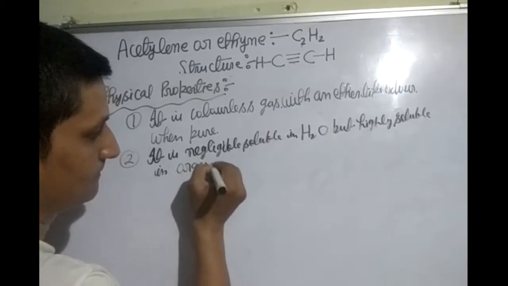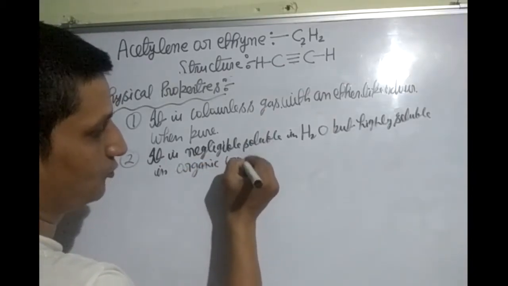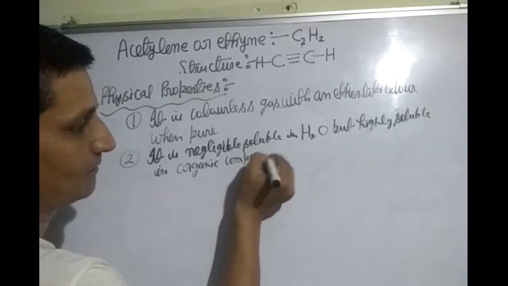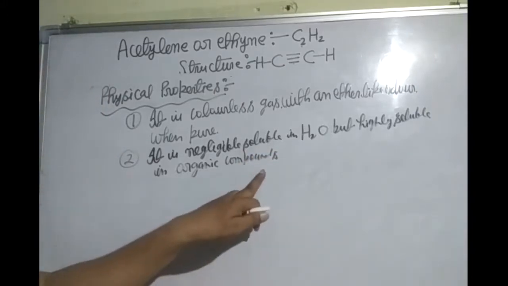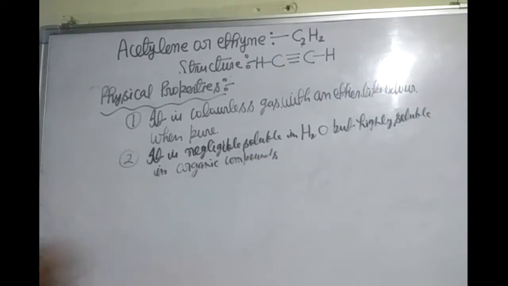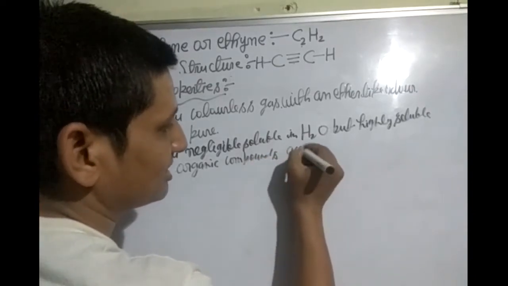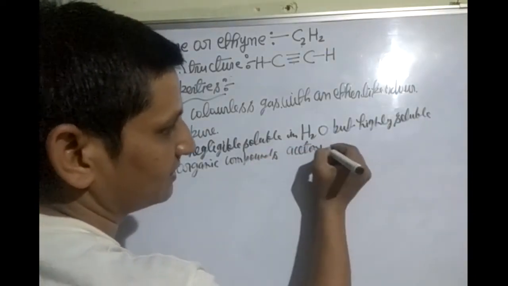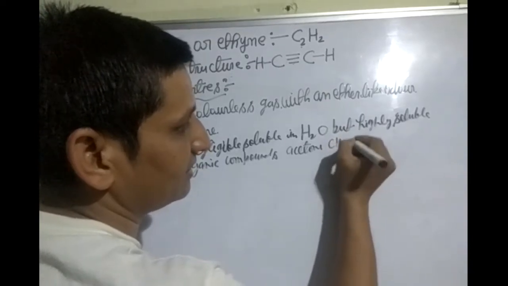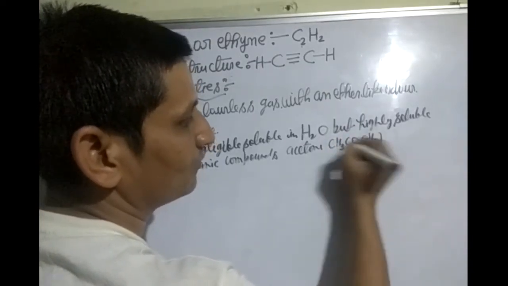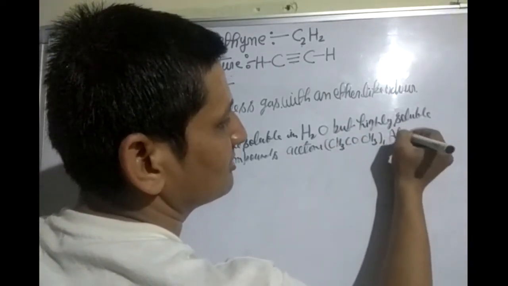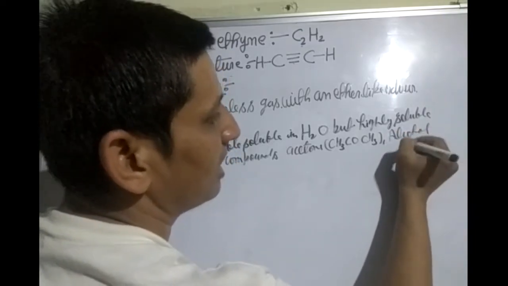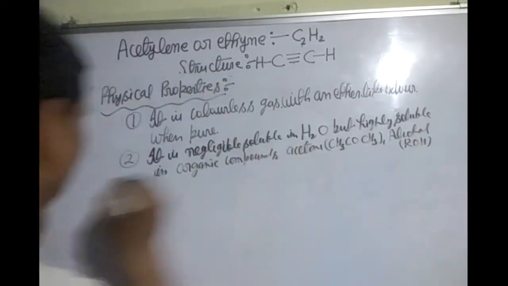Organic compounds are acetone and alcohol. The formula of acetone is CH3COCH3. The formula of alcohol is ROH.